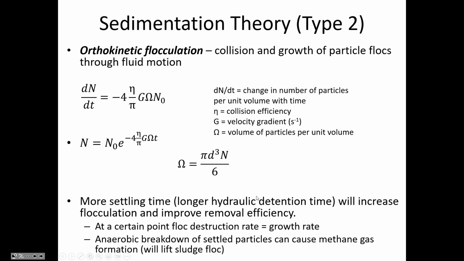But the reality is that at a certain point, the floc is being destroyed at the same rate that it's growing, because the wiping mechanism at the bottom is adding a little bit too much mixing energy, and so a really large floc particle would be too delicate. And so as the particles get larger and larger, they become progressively more delicate, and so we get up against this limit of how large the particles can be for whatever velocity gradient is there.